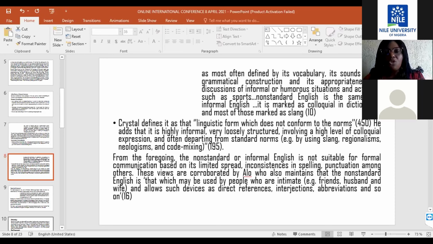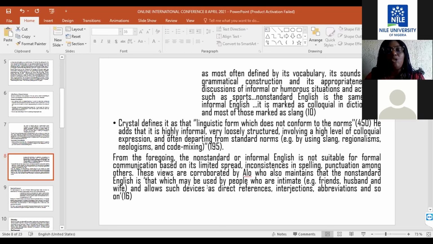I will just quote what Ado says here. He says it is the kind of variety which may be used by people who are intimate, such as friends, husbands, and wives, and allows such devices as direct references, interjections, abbreviations, and so on.